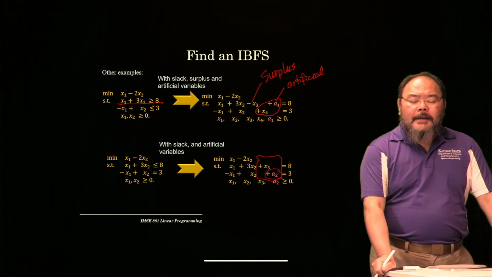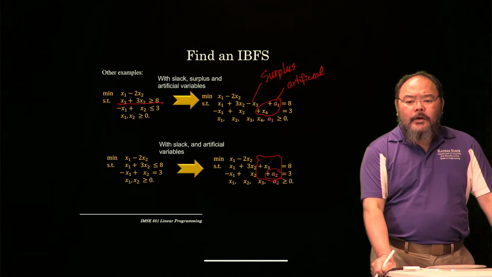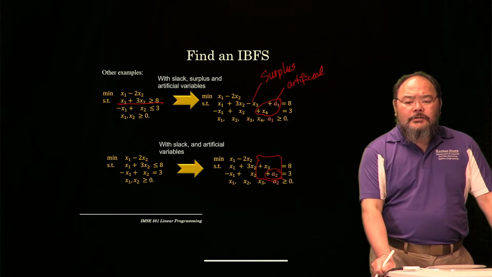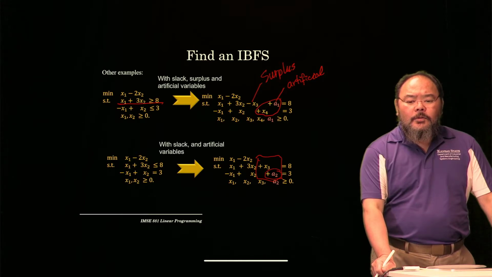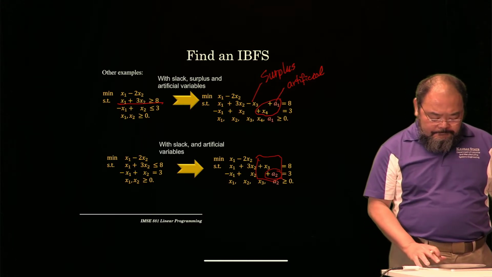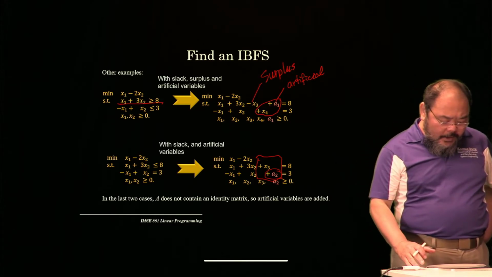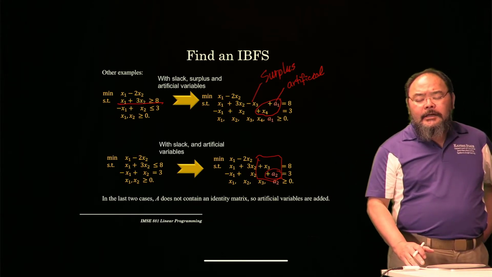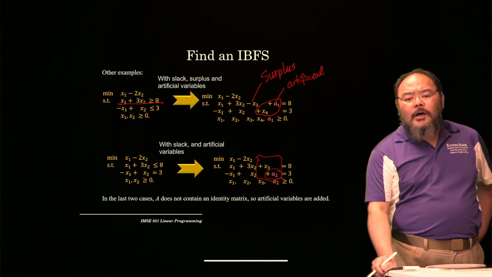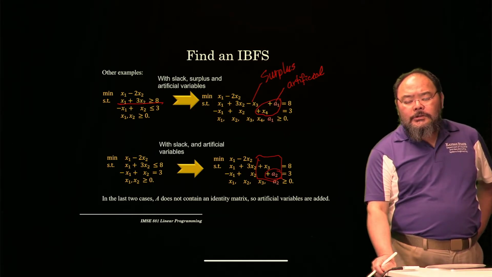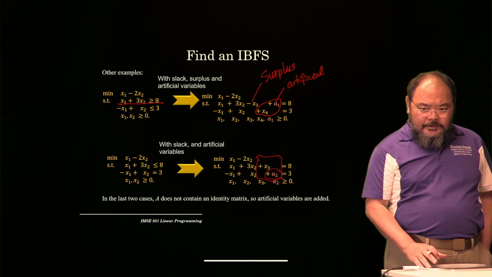So this is also possible, and these are the 3 different ways we add either a slack variable, a surplus variable, or an artificial variable. For an equality constraint, we directly add an artificial variable so that we can easily start with the initial basic feasible solution. In the last 2 cases, A does not contain an identity matrix to begin with, and that's why we're adding an artificial variable so that we can start with the identity basis in the beginning.